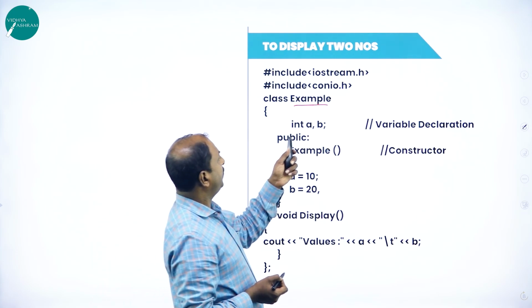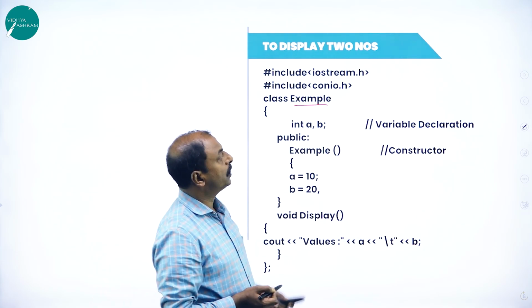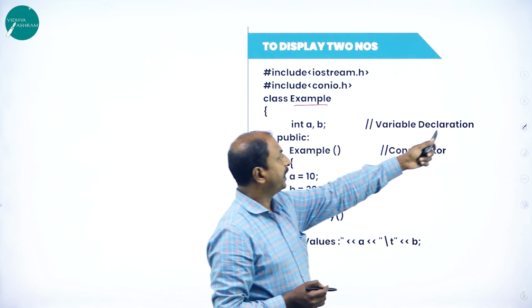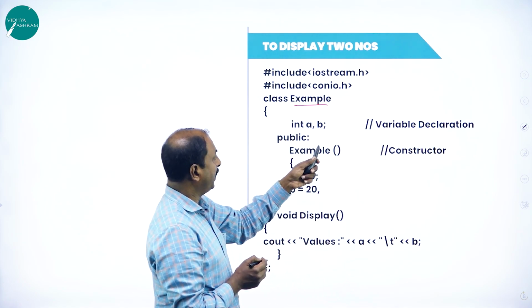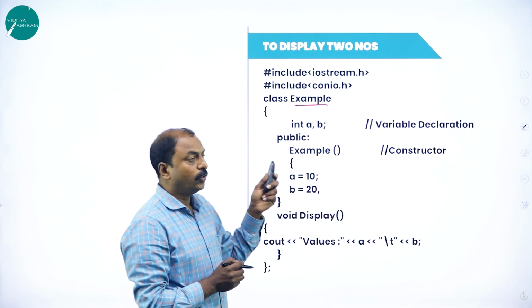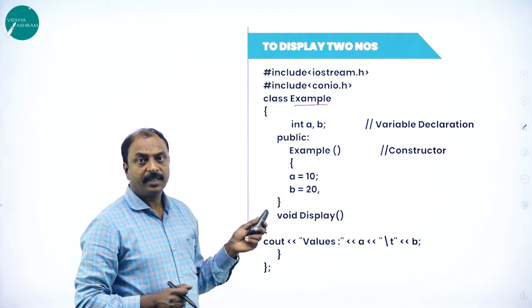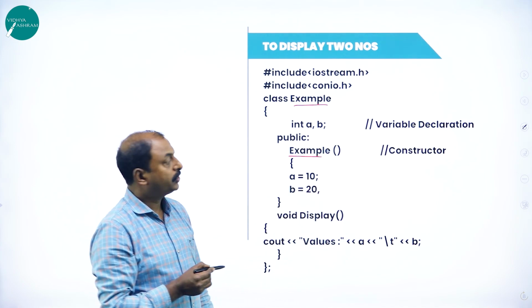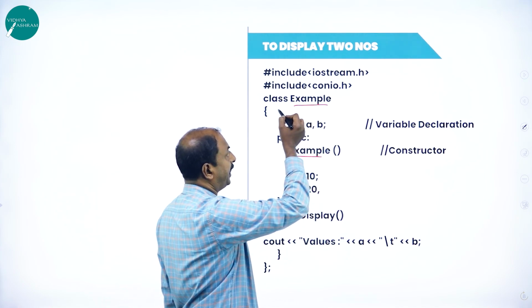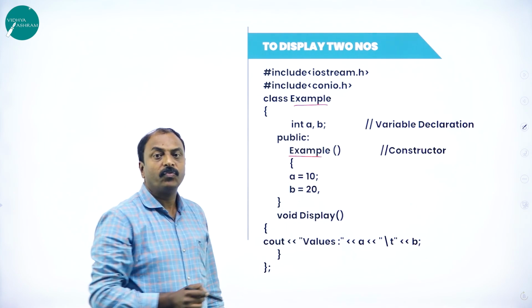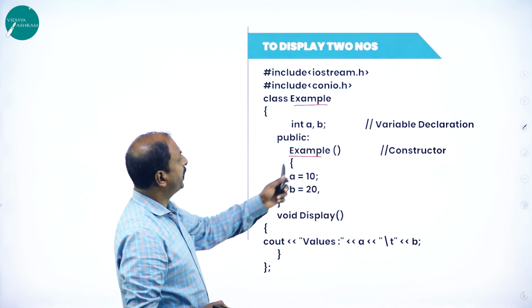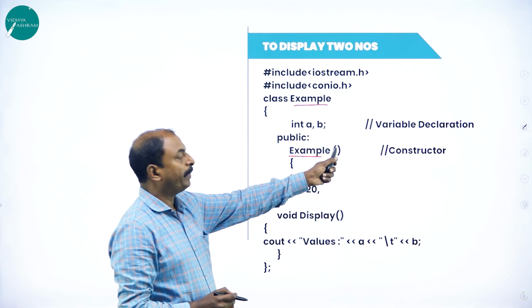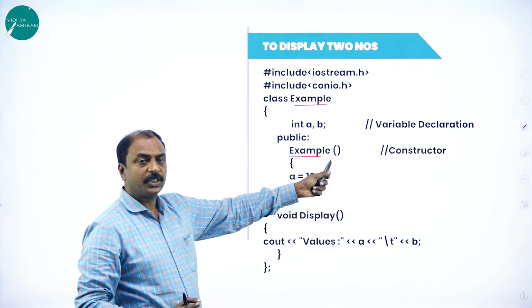Under that, int a, b, declaration of variables, and under public we have a constructor. How can we make out it is a constructor? By looking at the name of the member function. Here example is the name of the class and the same name we are using for the constructor. Again no parameters here, this is a default constructor.